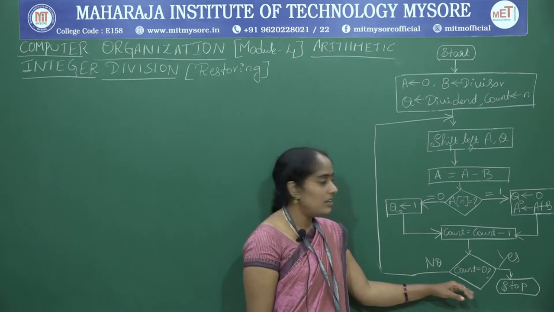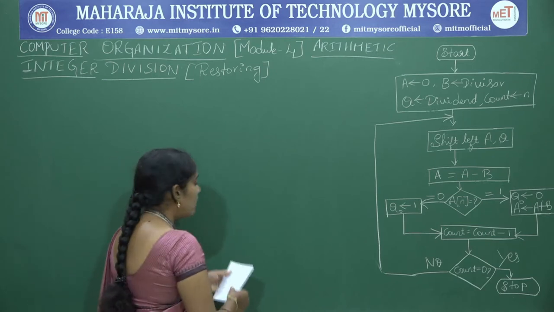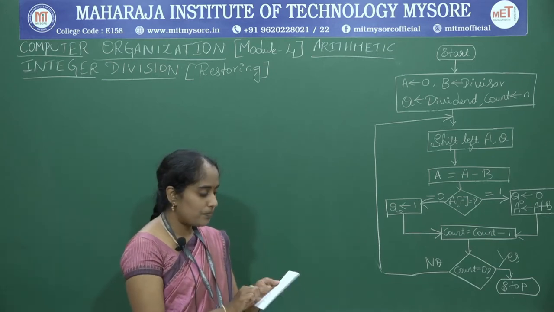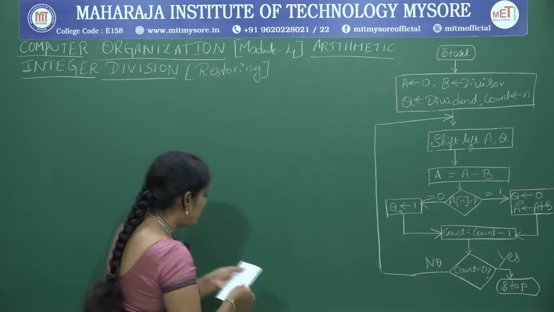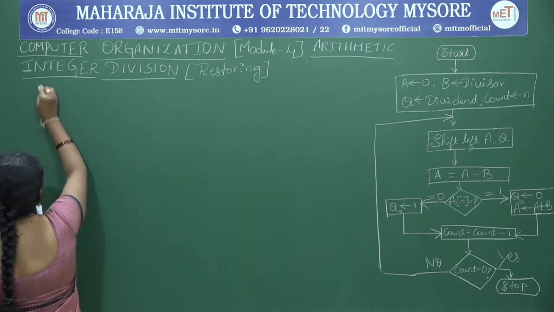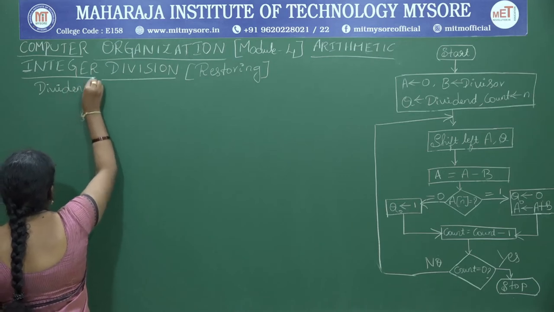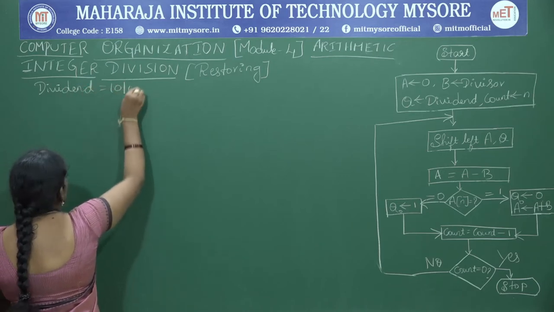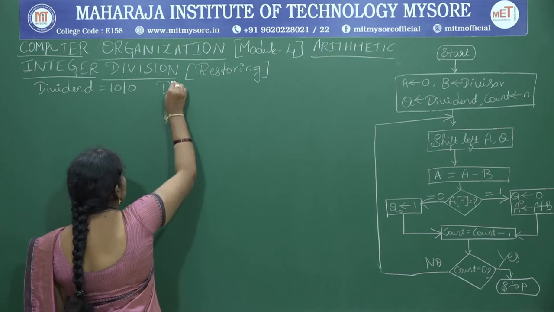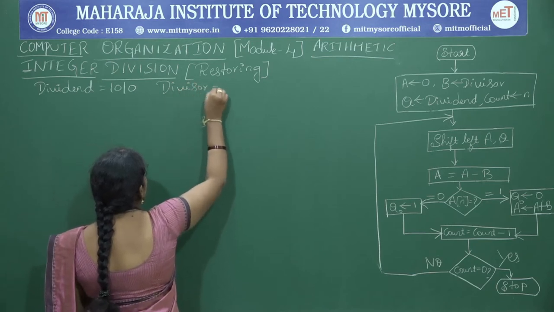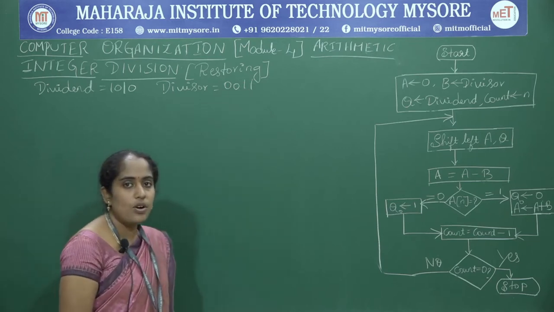Now let's see the problem of this. Perform the operation: the dividend is equal to 1010, and the divisor is equal to 0011.